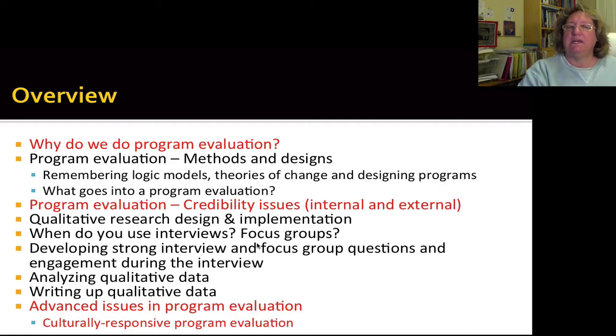You'll also be connecting some to qualitative research and design and some consideration around when to use interviews and focus groups. I want you to pull that from the work you're reading. And developing strong interview and focus group questions and engagement during an interview.